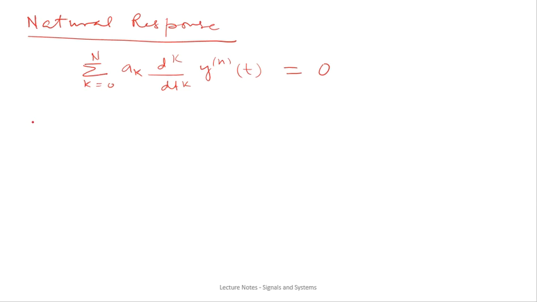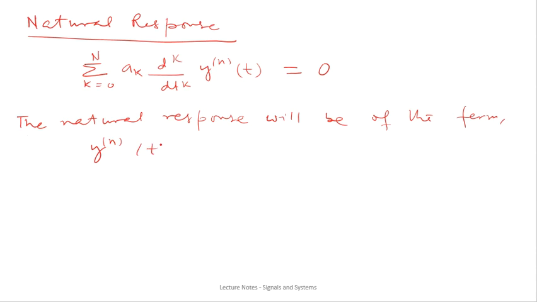So the natural response will be of the form: the natural response will be of the form summation i equals 1 up to n of C_i e raised to the power r_i t.